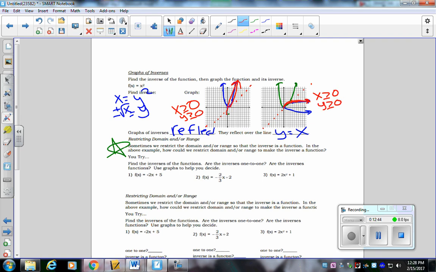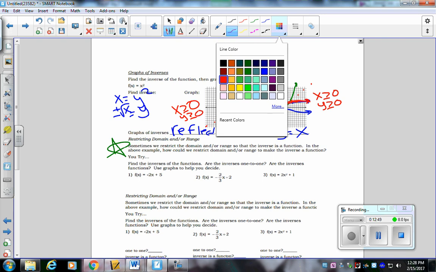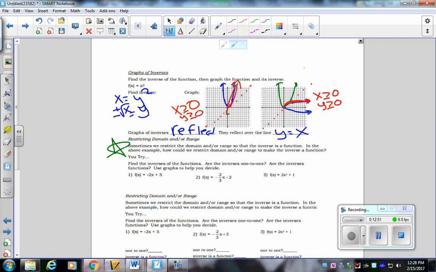Now let me get a different color here, the purple. Now I'm going to do bright yellow, just make it very different. Okay, so if I look at this graph, just that part, my domain would be x is less than or equal to 0 and y is greater than or equal to 0. The inverse should have those flipped. So my inverse will end up being this part down here. These two yellows match up.